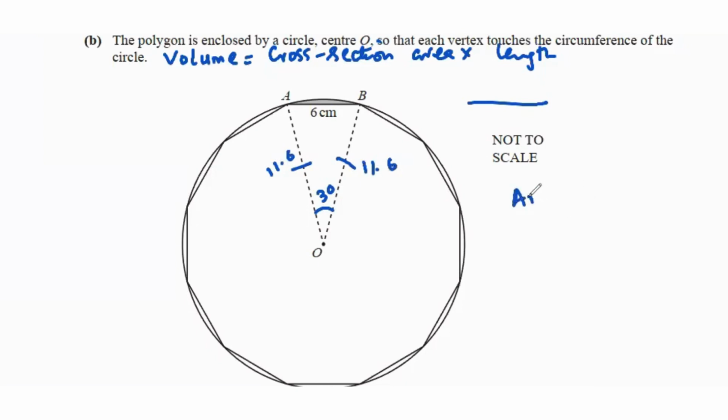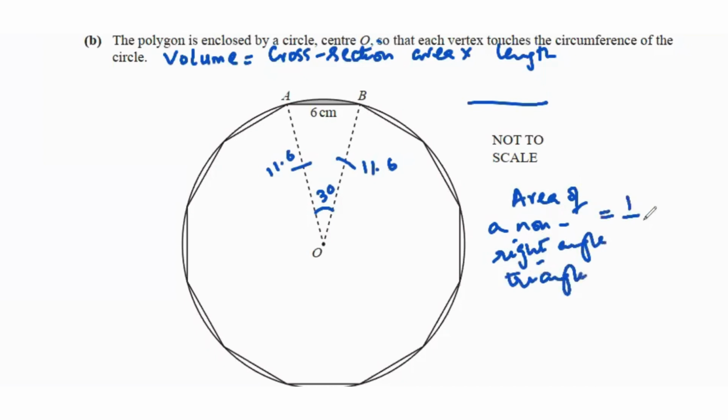So the area of a non-right angle triangle has the formula of 1 over 2 ab sine of angle C. So this formula is applicable when you have two lengths and the angle between them, which we have over here.